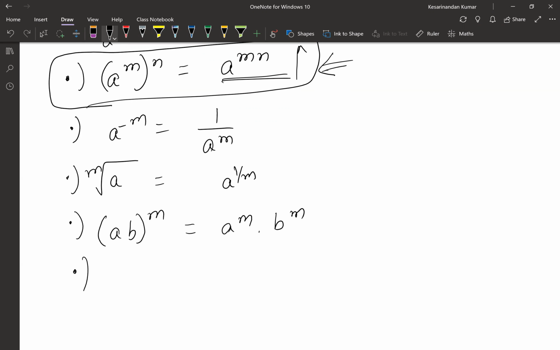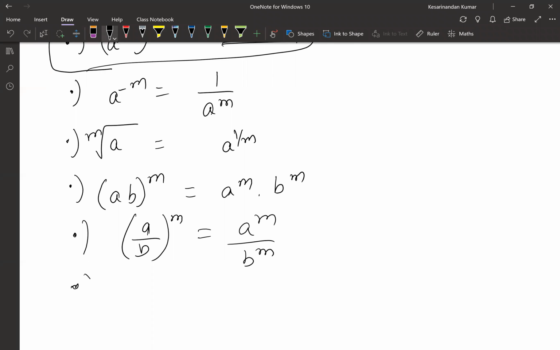And similarly, when you have division, it will still be the same, nothing new. And this one you already know: a raised to 0 is 1 if a is not 0. That's it. It can be any other thing.